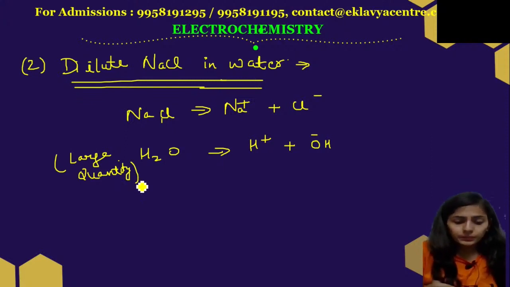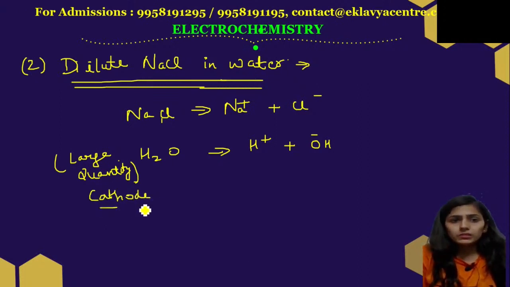Now we know what happens at the cathode: reduction. The cathode is negatively charged, so either H plus or Na positive, right?